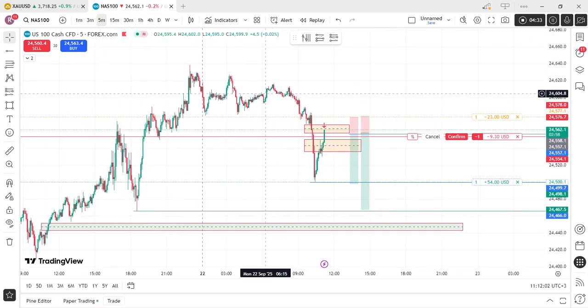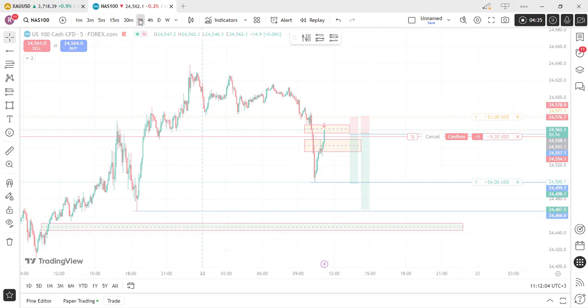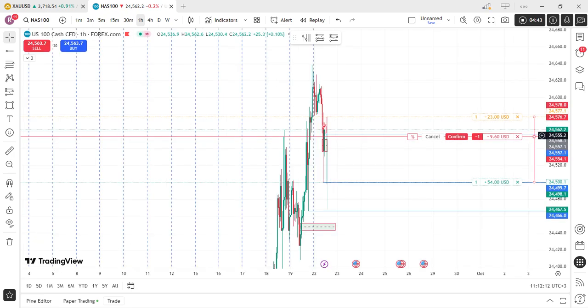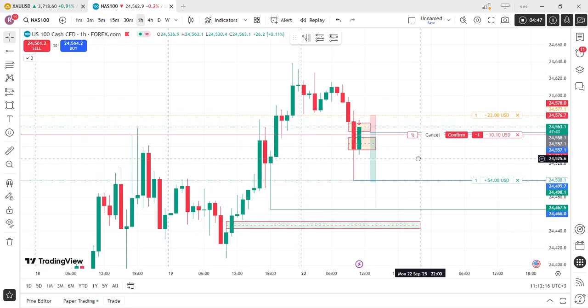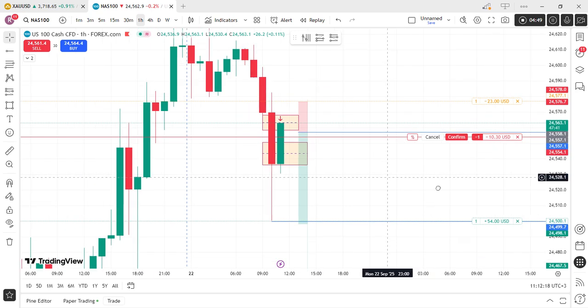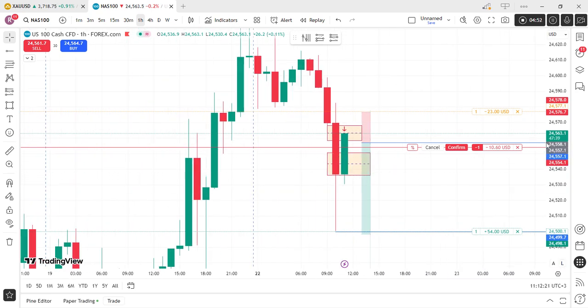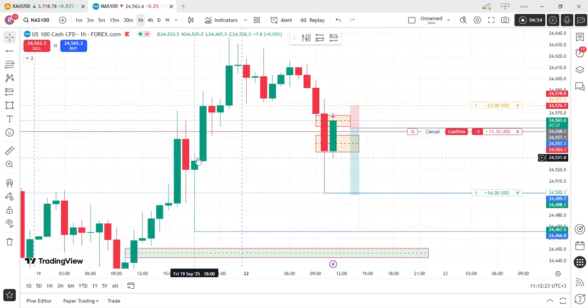Maybe we should take a look at higher time frames of generally what is happening. And I want us to take a look at the hourly time frame. When you take a look at the hourly time frame, the market structure is bearish, and we already balanced something here.